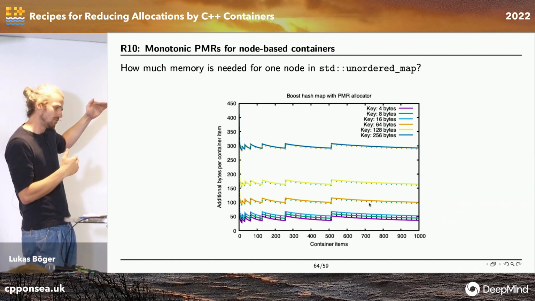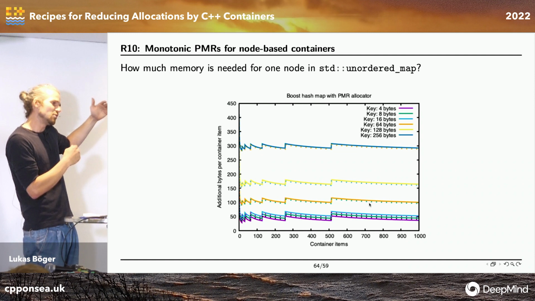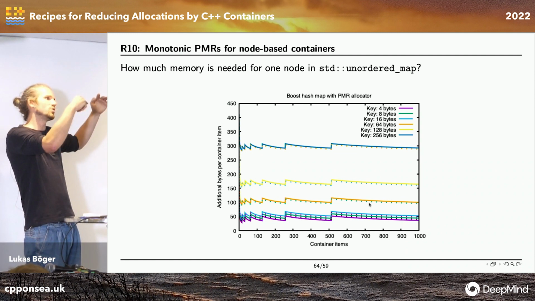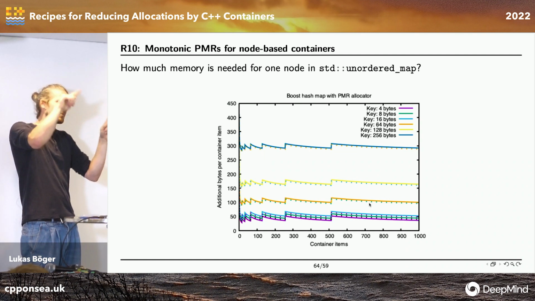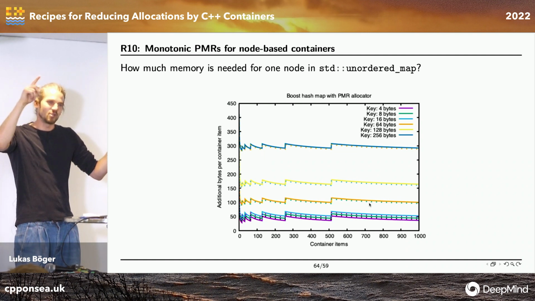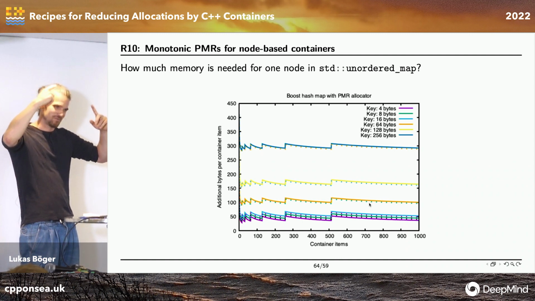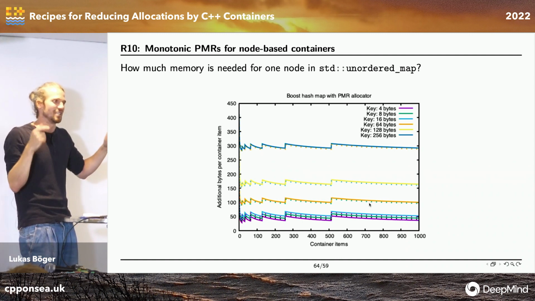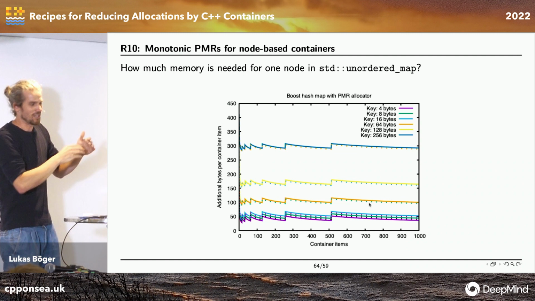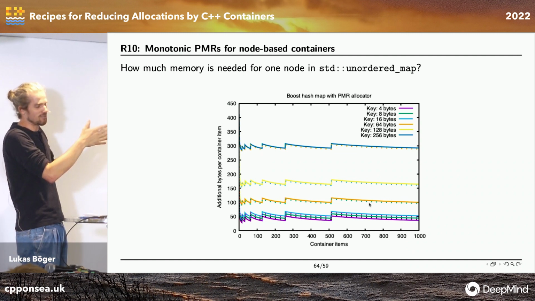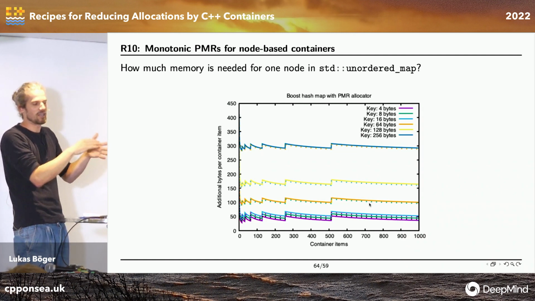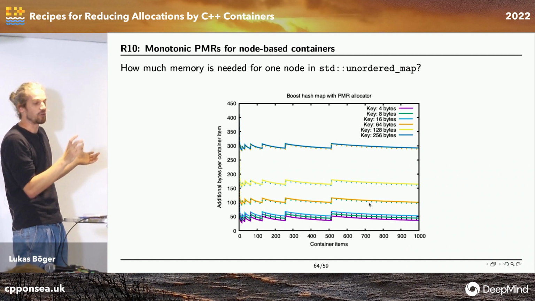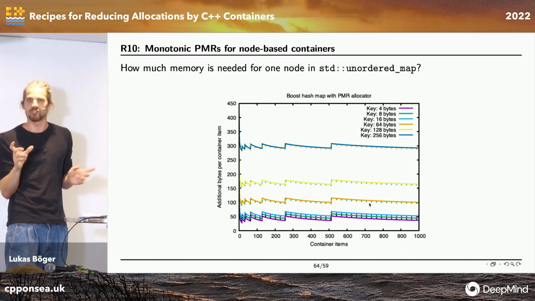On the y-axis, we have the additional bytes in addition to std pair key value, all the bookkeeping, normalized over the number of items. So what we see is that it allocates some space for the bookkeeping. If it runs out of the space, it will allocate more and so on. And the bigger it gets, the less frequent these bookkeeping allocations occur.